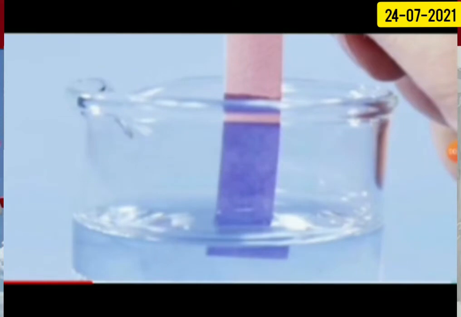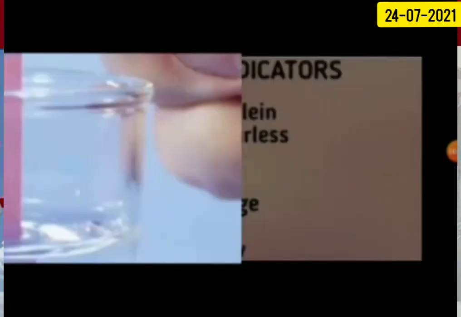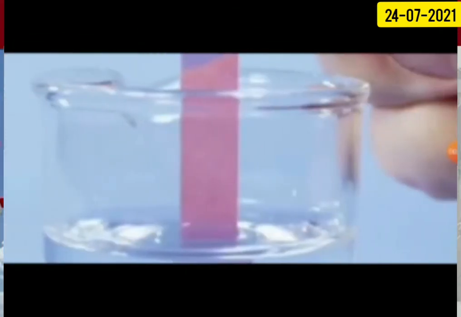The litmus paper is used to find out whether a given solution is acidic or basic in nature. When we take red litmus and the solution is basic, the red litmus paper changes into blue. If we take blue litmus paper and the solution is acidic, the blue litmus paper changes into red.